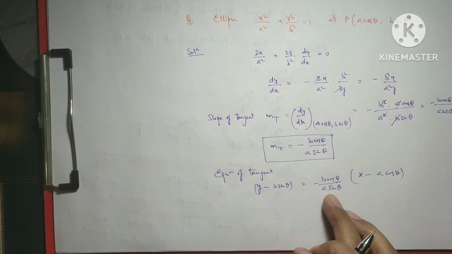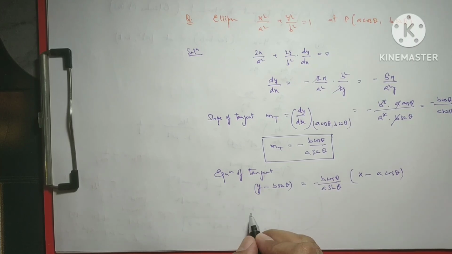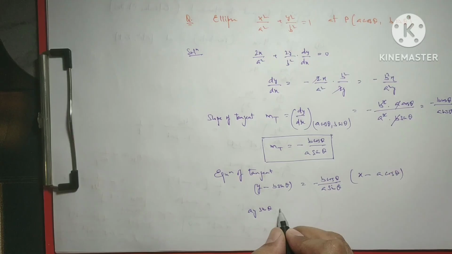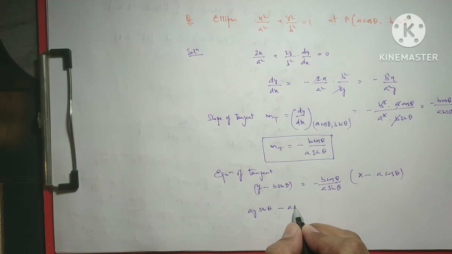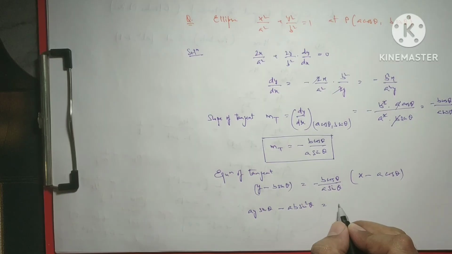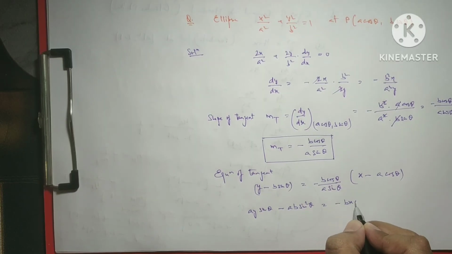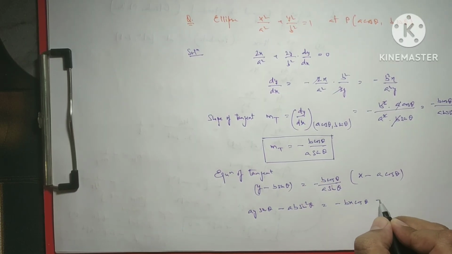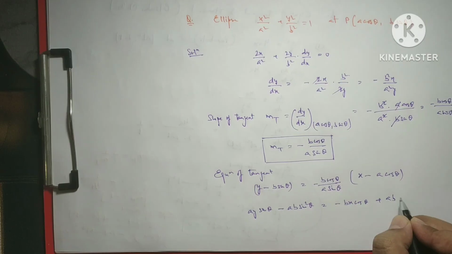So simplify this, you get ay sin theta minus ab sin square theta equals minus bx cos theta plus ab cos square theta.